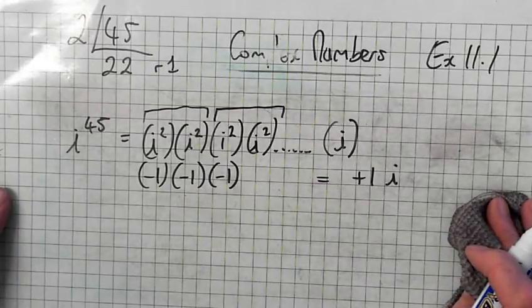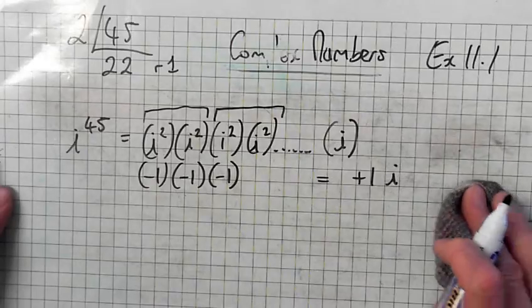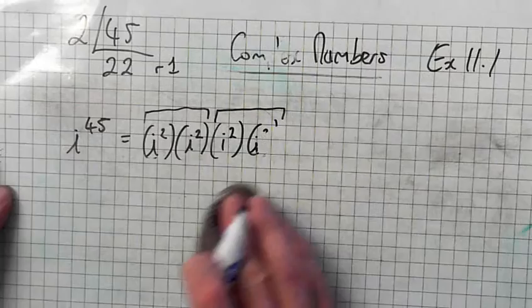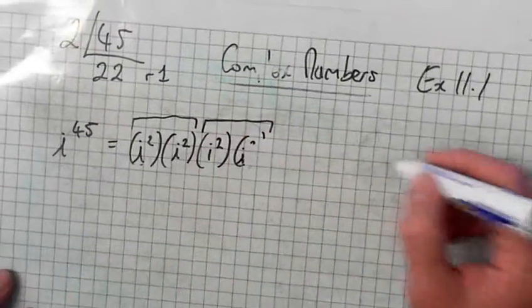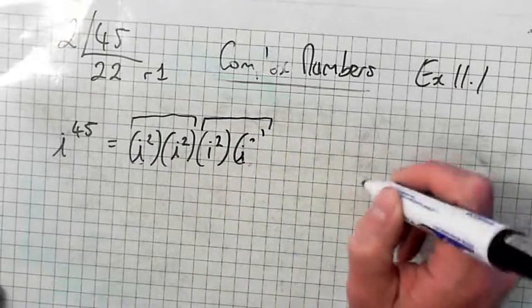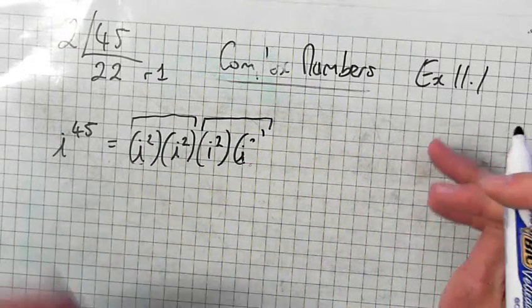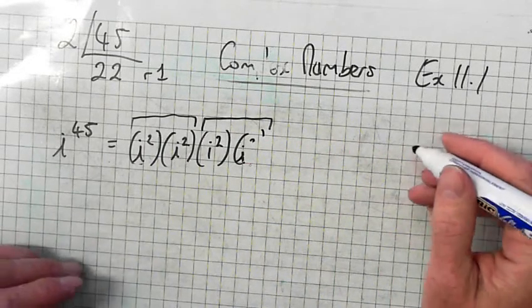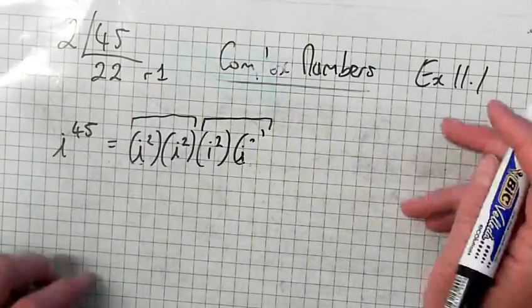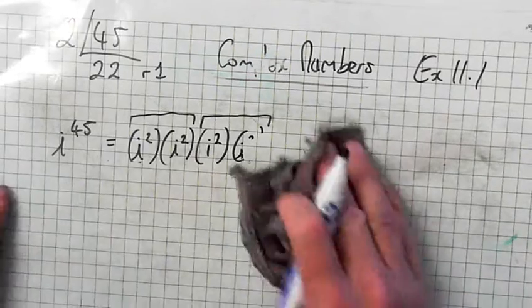Do you understand that? I could write it out the long way. I'd have to write out all 22 of them and then multiply minus 1 times minus 1 times minus 1, 22 of them. I'd still get plus 1. And there's an i remaining because there's 45 of them. So I get i.